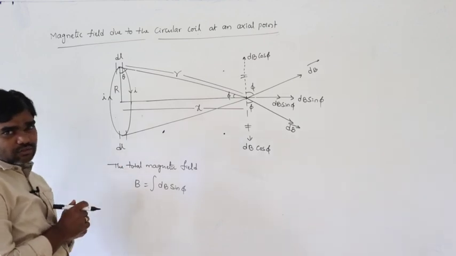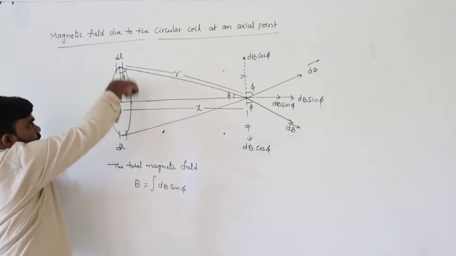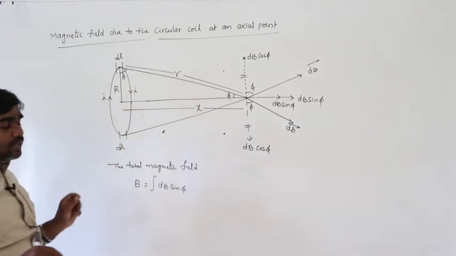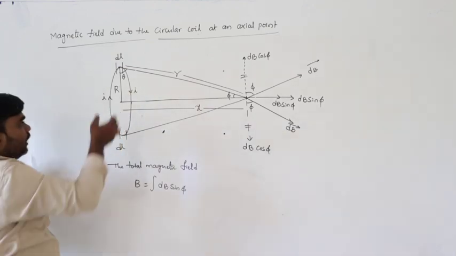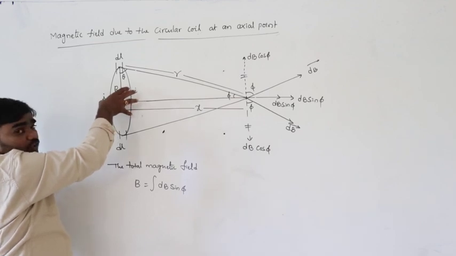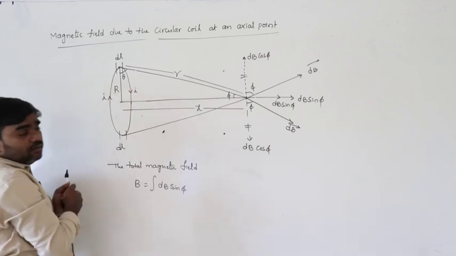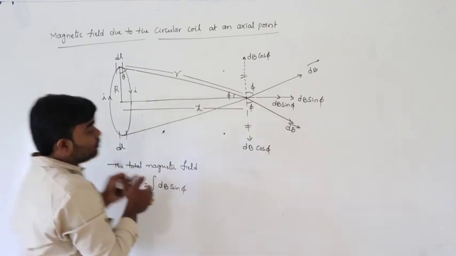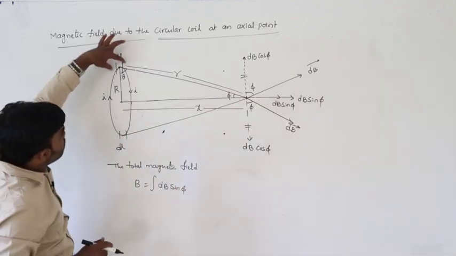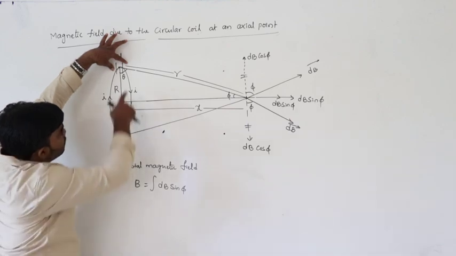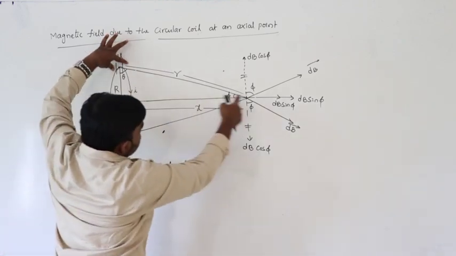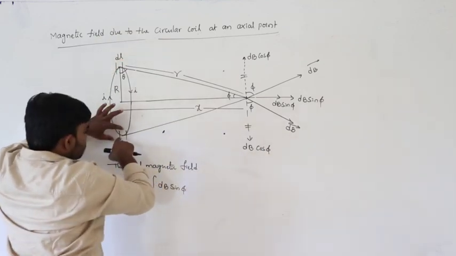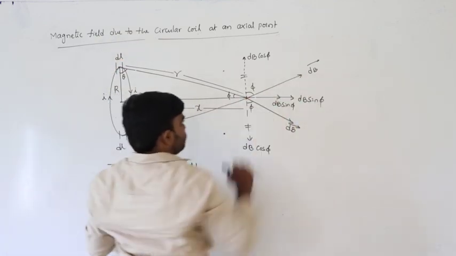This is the diagrammatical representation. This is the circular current carrying coil. I is the current passing through it, and we have to calculate the magnetic field due to the circular current carrying coil at an axial point outside this. For that purpose, I am considering a small length element at this position. The magnetic field due to this length element at this position is dB bar in this direction, and due to this other length element is also dB bar.